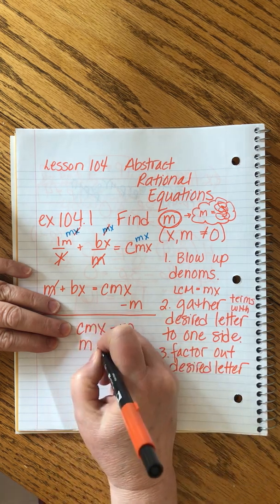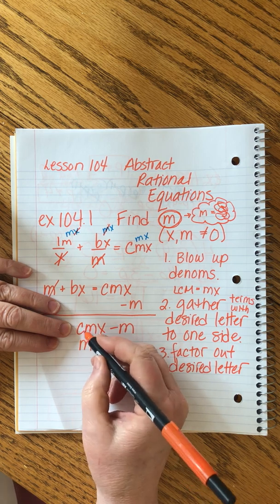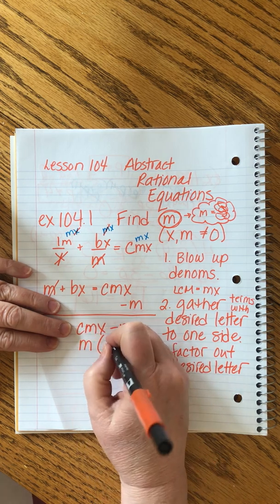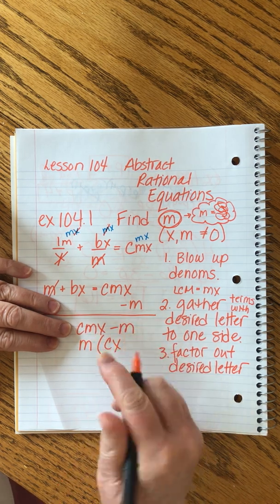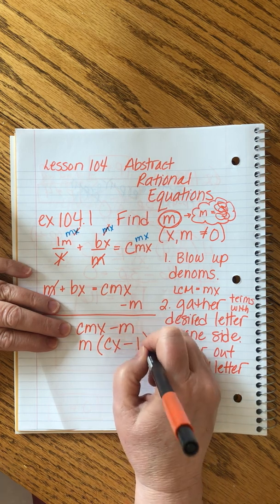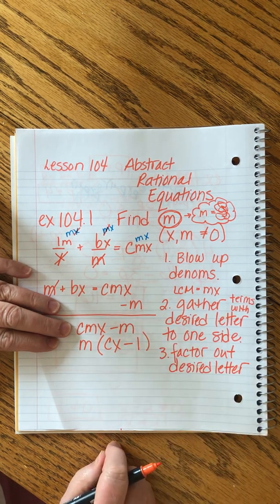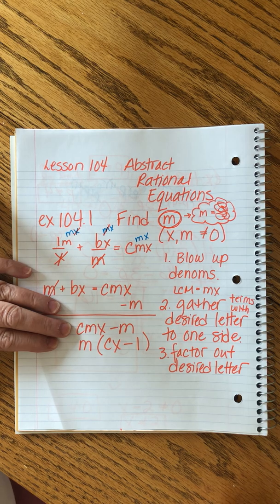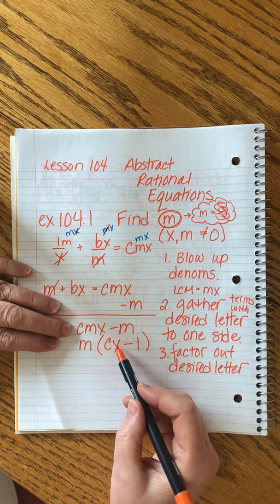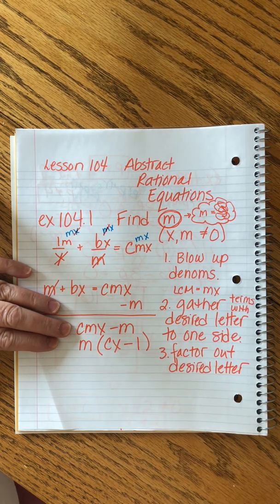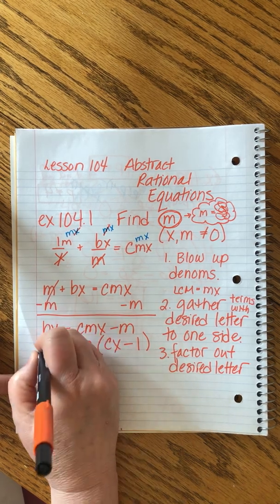So we're going to factor it out. When we pull an m out of this, we'll have cx left. When we pull an m out of this, we'll just have 1. Make sense? You can always check your factoring by distributing. cmx minus m. Beautiful. This side stays the same.